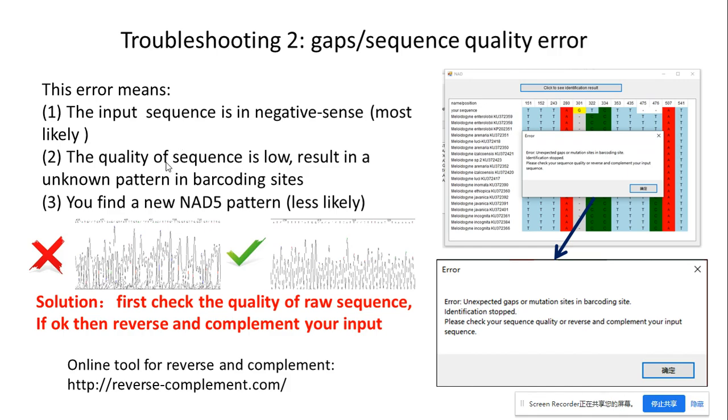So make sure to check your raw sequence and make sure the quality is okay. The second, it's also very common that your sequence is reversed and complemented. So just reverse and complement it. There's an option on line 2 here.